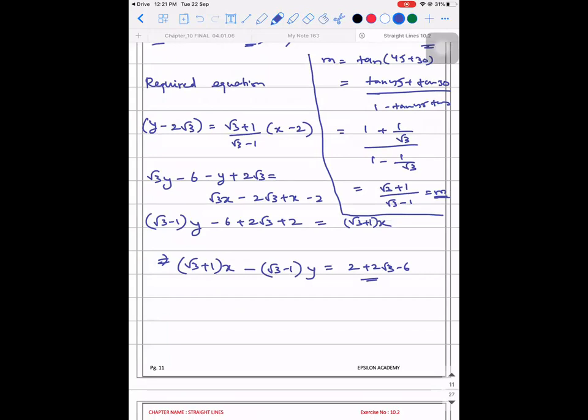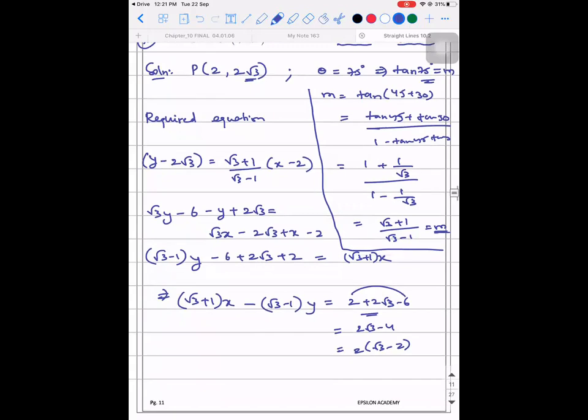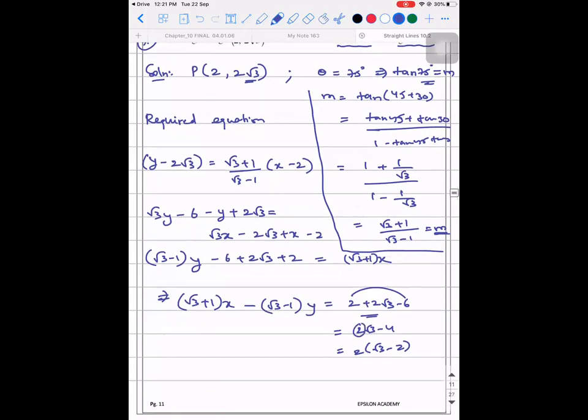Sir, the LHS is correct, sir. In RHS it is given 4 into root 3 minus 1. That's because, see, 2 minus 6 is minus 4. 2 root 3 minus 4. What's the root 3 minus 2? Given 4 into root 3 minus 1. 4 into root 3 minus 1 means this should have been 4. I don't have any 2, no?